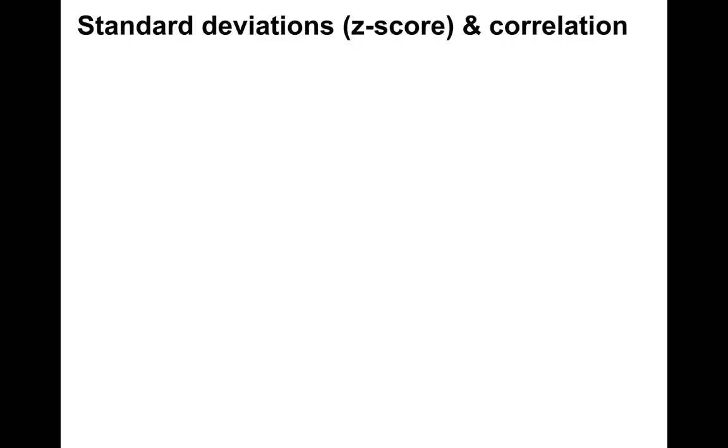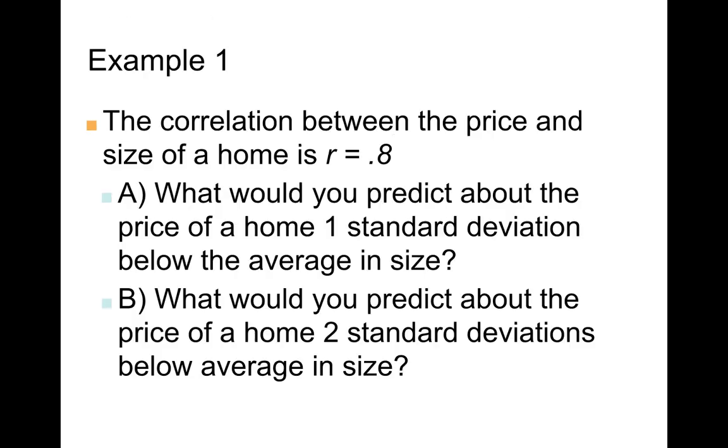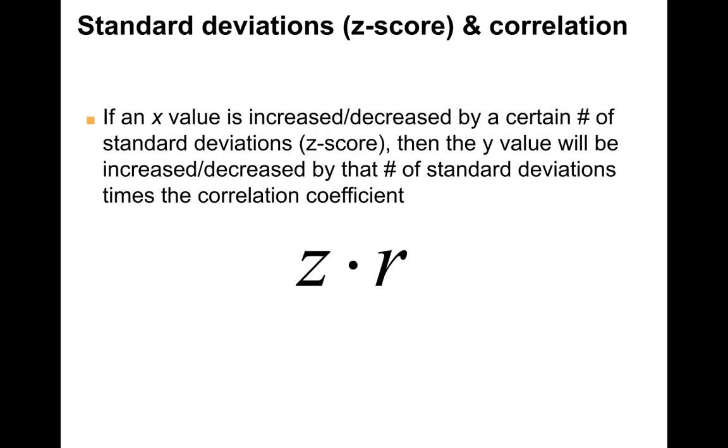The last main topic in this chapter is comparing standard deviations, which is what we talked about in chapter 6, the z-score, comparing that to correlation, which is what we talked about in the last chapter.